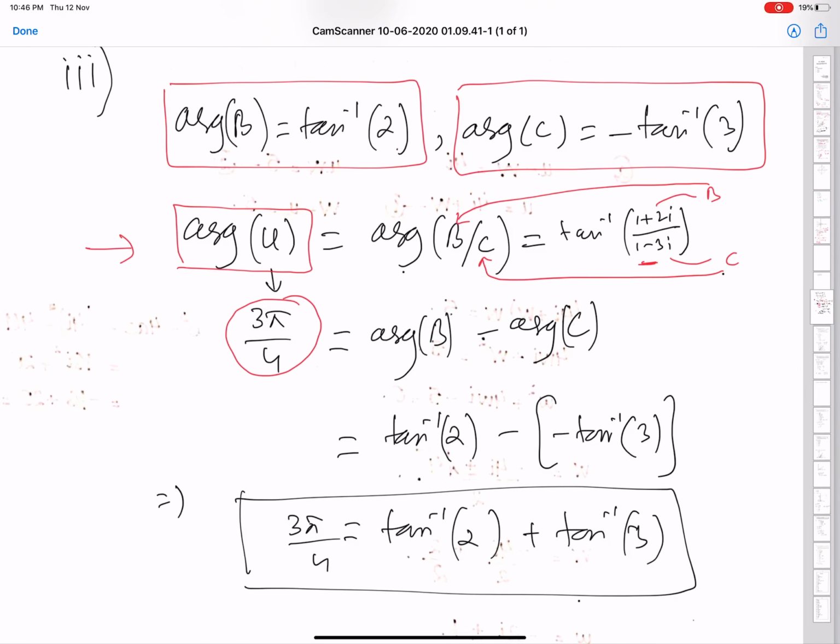And this can be written as argument B minus argument C, according to the property of argument. Which can be written as tan inverse 2, because argument B is tan inverse 2, it's mentioned here, and argument C is minus tan inverse 3. So tan inverse 2 plus tan inverse 3 is 3 pi by 4. This is a way to show this. This is one of the most important parts of this question and in fact this worksheet.